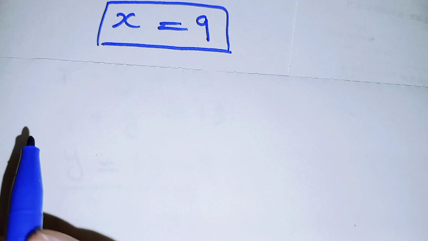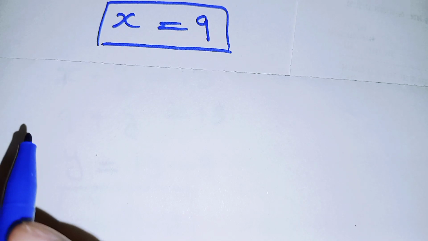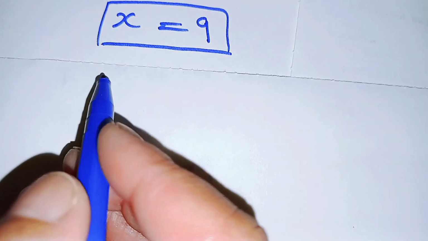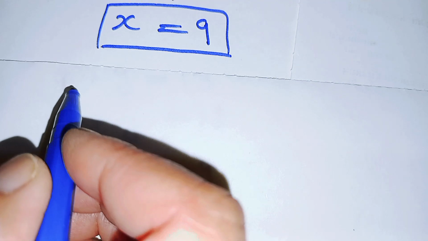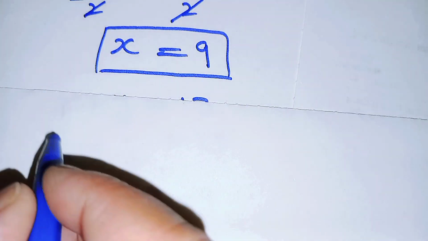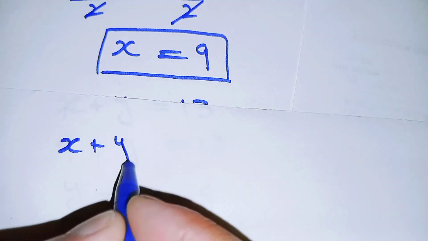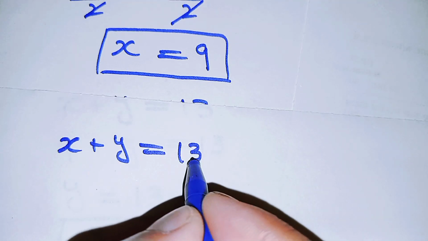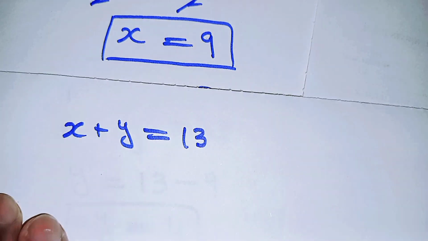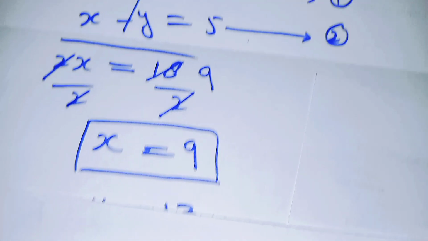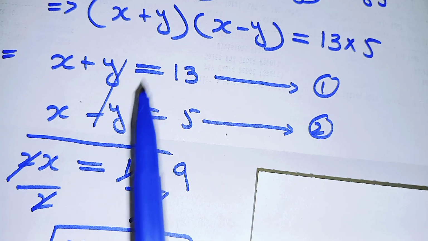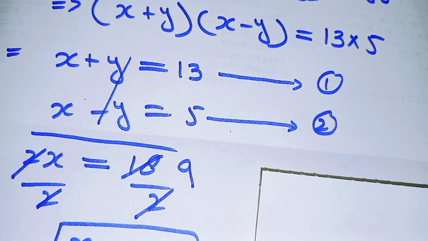Let us go through the procedure again. The first equation is x plus y is equal to 13. We put the value of x, which is 9, so 9 plus y is equal to 13.